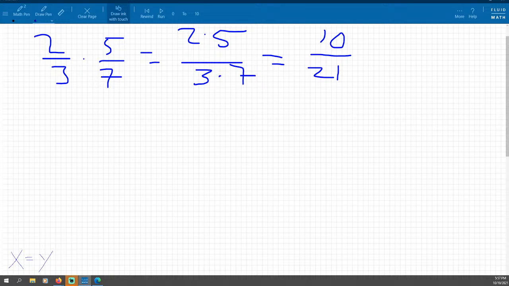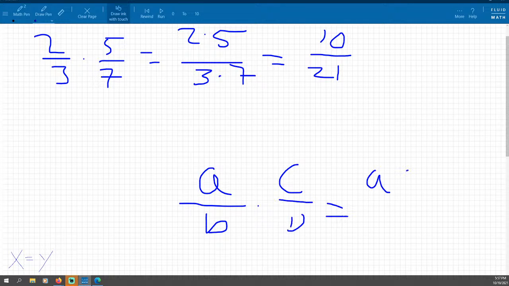So the rule on this is a over b times c over d equals ac over bd.